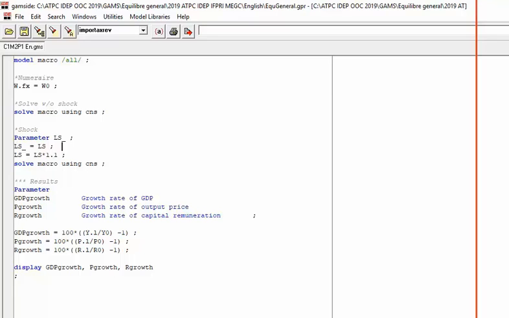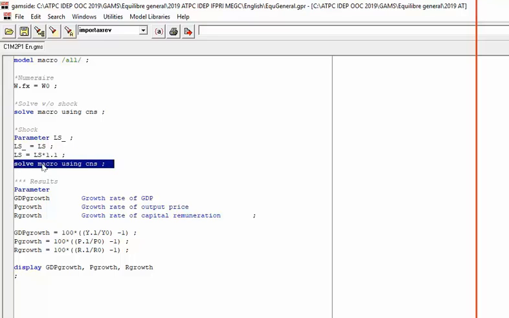So a buffer parameter, called ls_ (the name of the variable followed by an underscore), just stocks the initial value. I write ls_ equal to ls, so I give the initial value of ls to ls_, and then I change the value of ls and I ask for a solve.